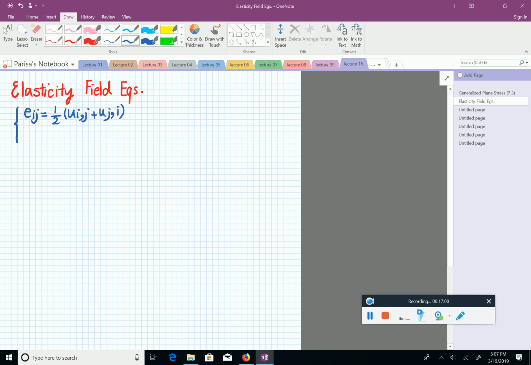And we looked at the compatibility equation, which I think by now even that should be easy to write, right? Then we looked at the equilibrium equations.